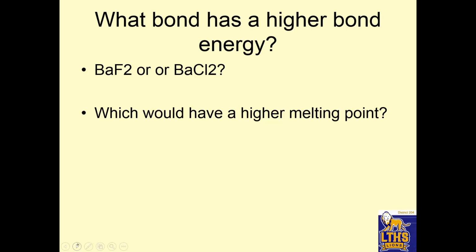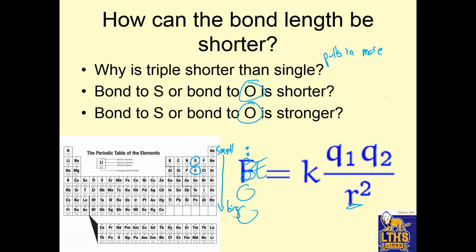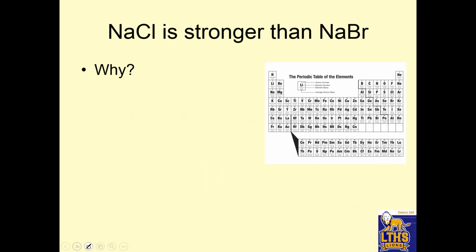What bond has a higher bond energy, BaF2 or BaCl2? Well, bond energy equals Q1, Q2 over radius squared. I'm not even going to put the K there because it doesn't matter. Q1 is plus 2, Q2 is -1. So notice, even though I have 2 of them, it's -1 over radius squared. So I've got to look at chloride or fluoride.